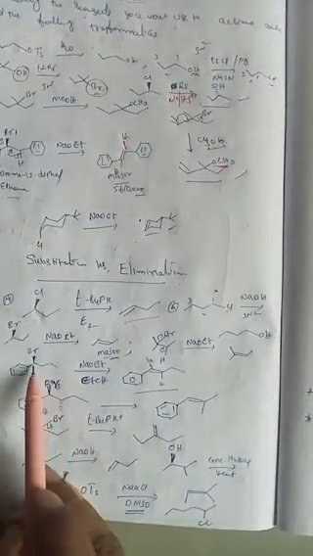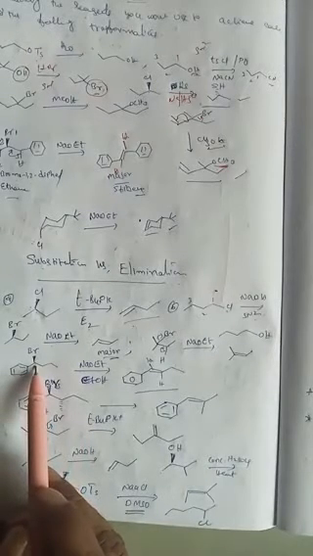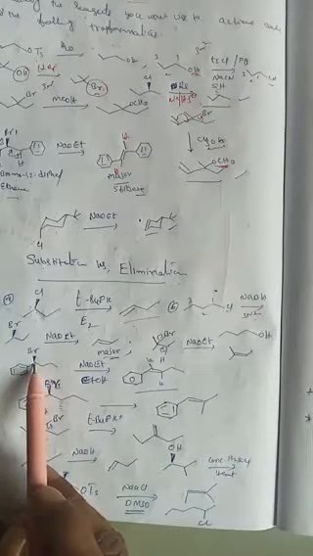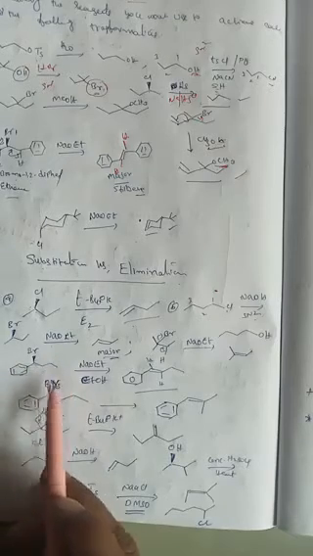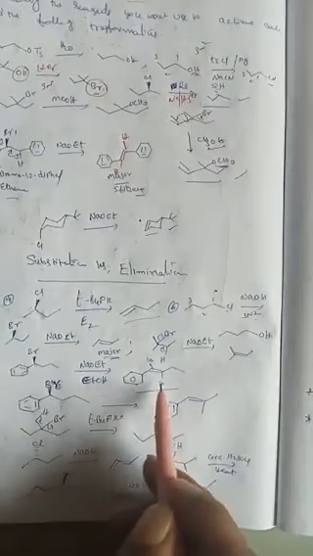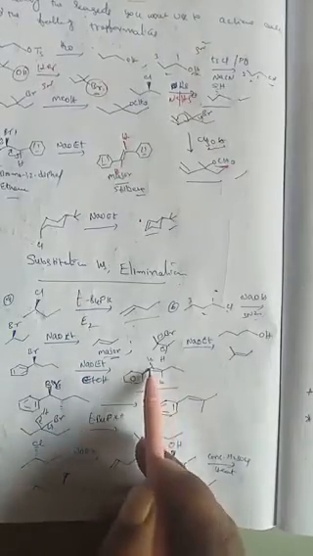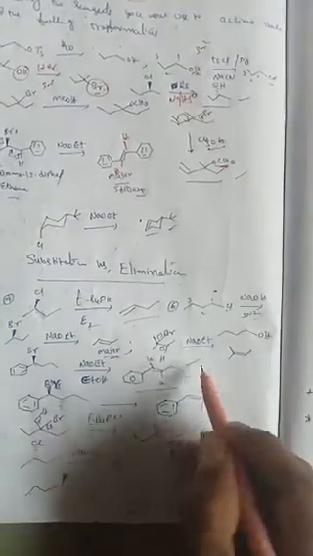And you can see here 1-bromo-1-phenylbutane we are taking, with sodium ethoxide, and the trans product, the more substituted product, is the major product.